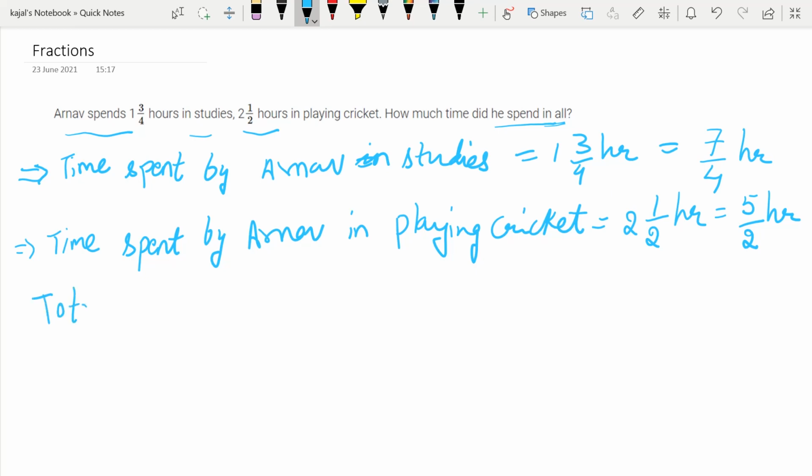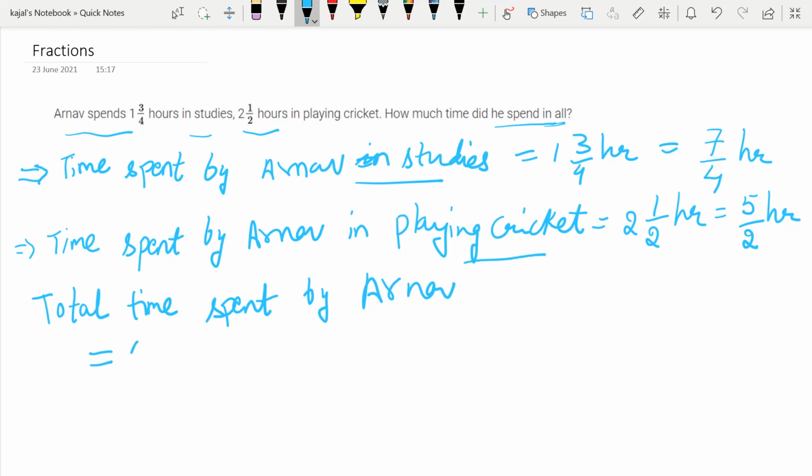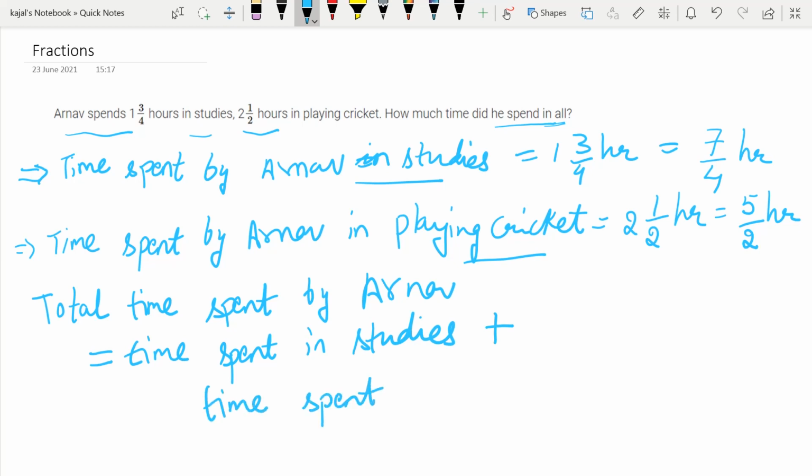Now the total time spent by Arnav is equal to the time spent in studies plus the time spent in playing cricket. So this is equal to time spent in studies plus time spent in playing cricket.